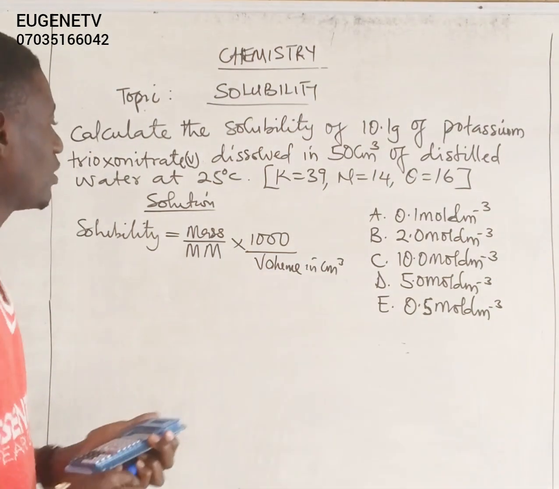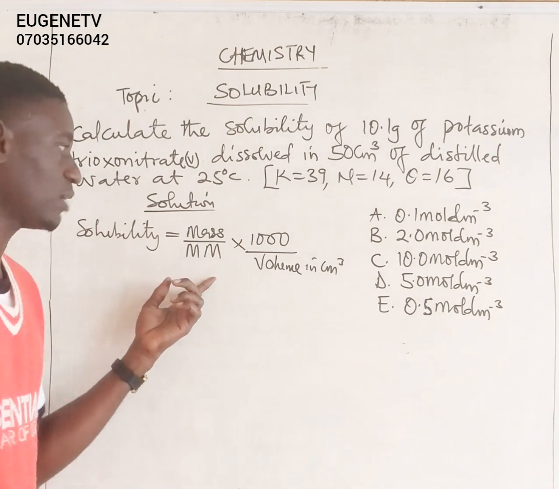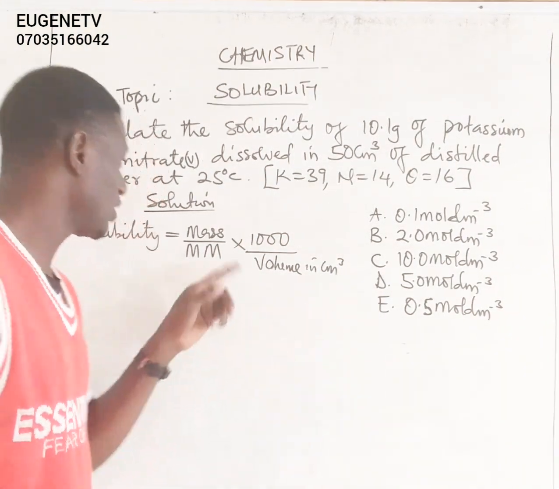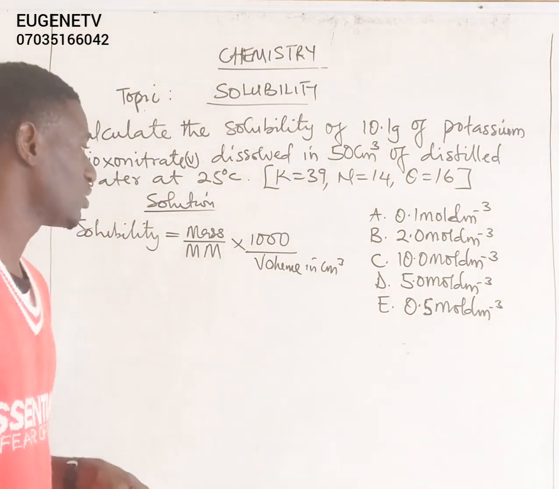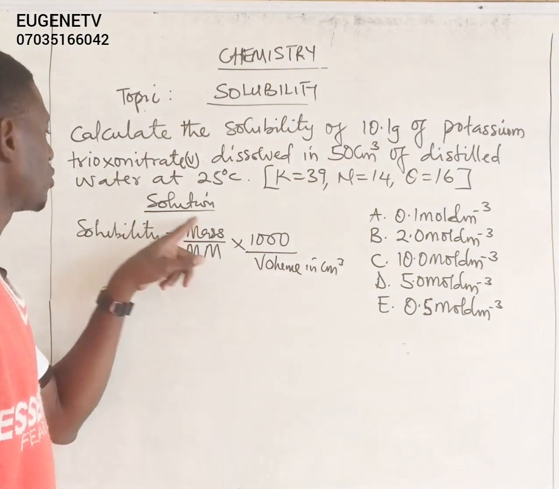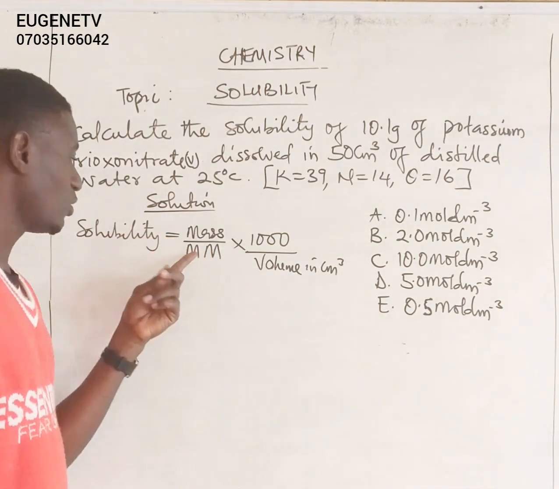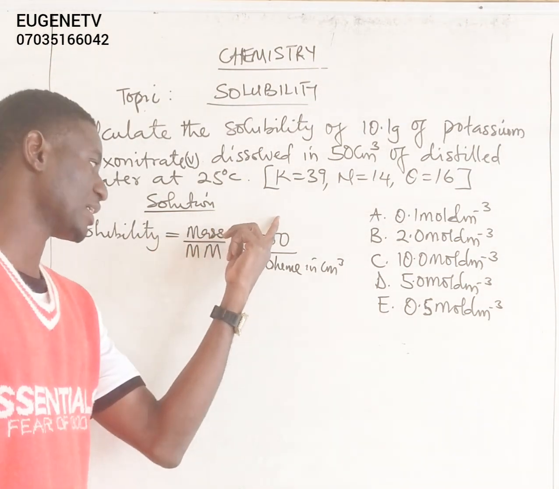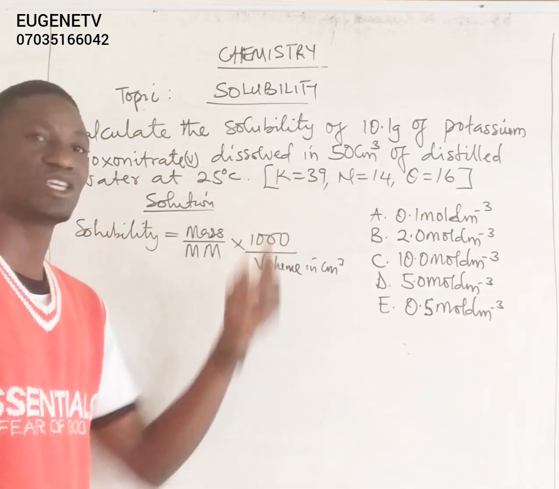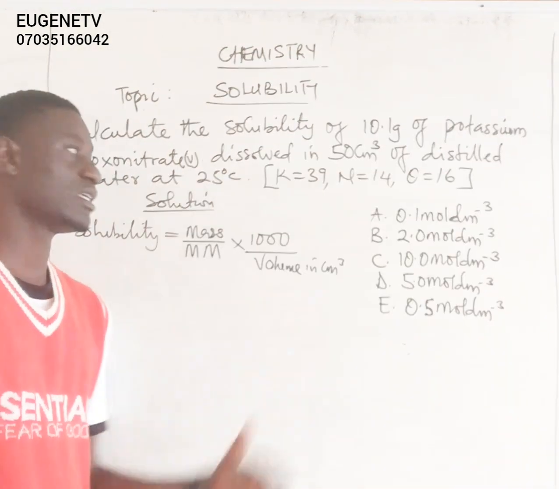Look at the question very well, we are going to use this expression to solve this problem. There are other ways we can use, but let us apply this approach, which is very, very fast. So solubility is given as mass over molar mass, multiplied by 1000 and divided by the volume of the solution in cm³.